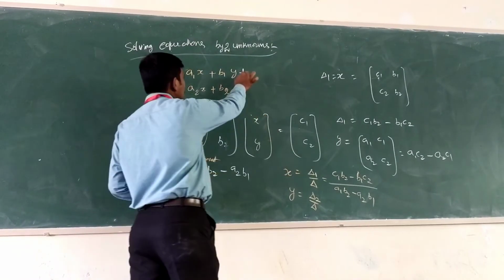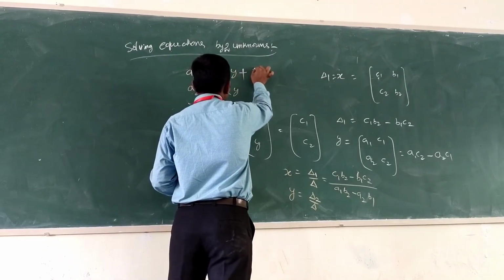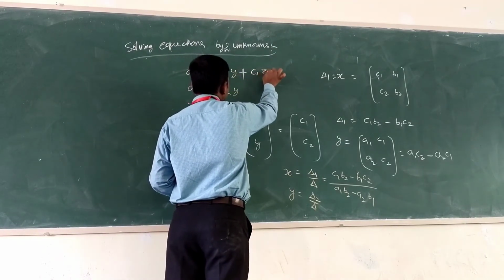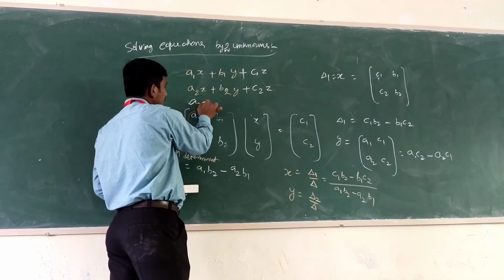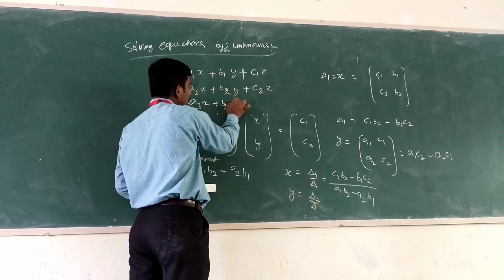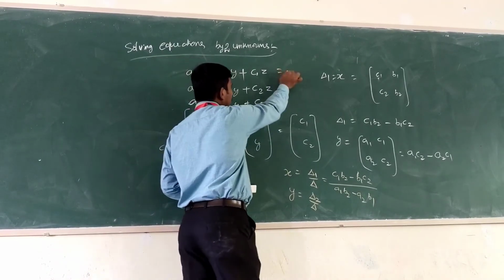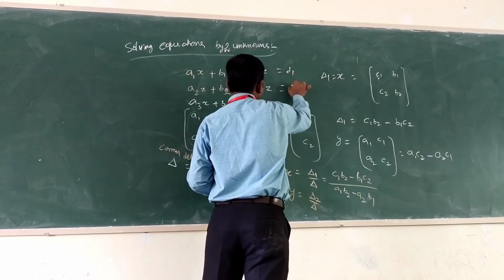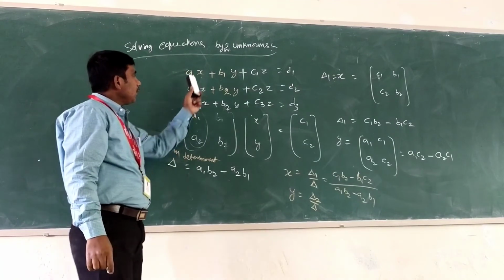Now the two unknowns were x, y. Z is there, so assume the equations are a1x plus b1y plus c1z, a2x plus b2y plus c2z, and a3x plus b3y plus c3z equal to d1, d2, d3. Now there are three unknowns: x, y, z.